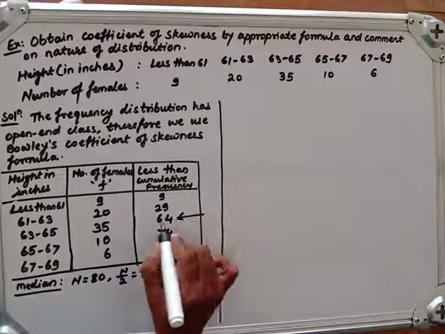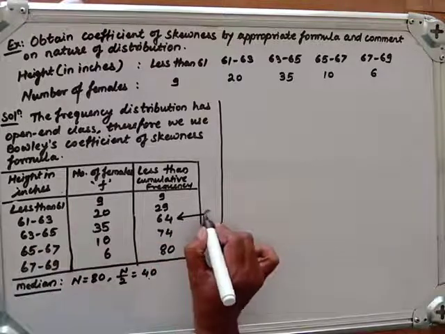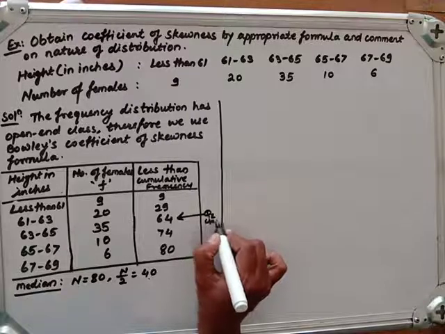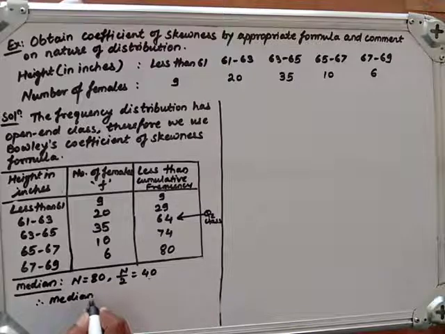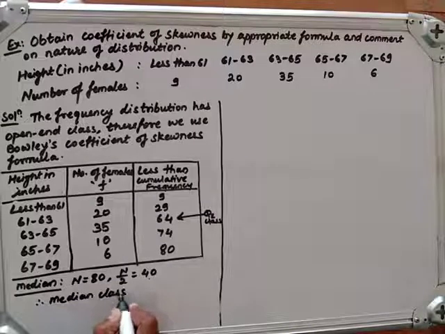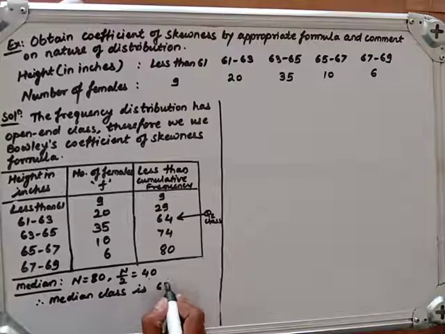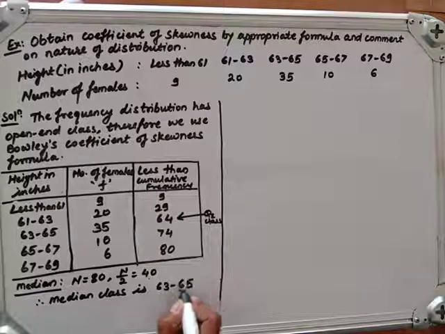So this is a median class. This is Q2 class. Therefore median class is 63 to 65.